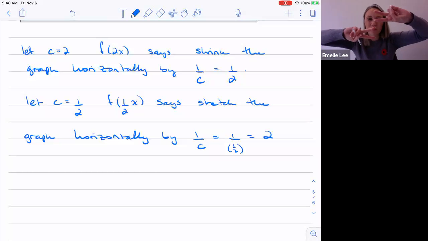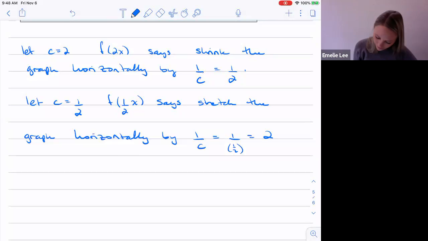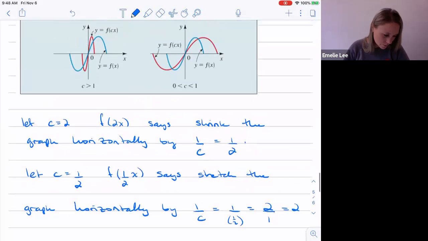A fraction over a fraction. 1 is 1 over 1. 1 over 1 over 1 over 2. Ugh. Flip and multiply. You get 2 over 1, which is 2. So you want to be really careful. As soon as you're making changes to the x value and not the f of x overall, it's going to be a little bit sneaky.